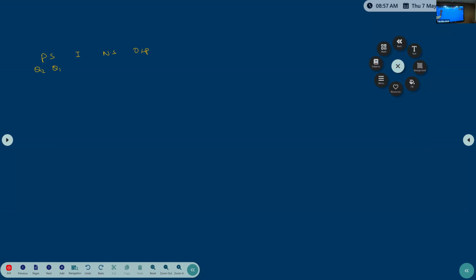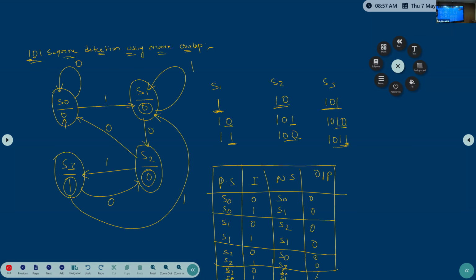Input I is the same. Next state is also Q2, Q1. Output you can represent by Z, anything is fine. Now in place of S0, replace with 0 0, S1 0 1, S2 1 0, S3 1 1. Clear?